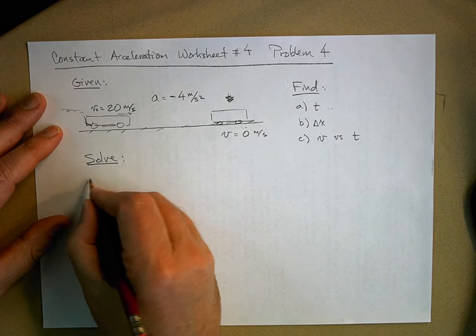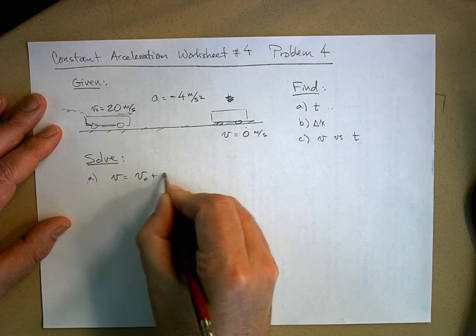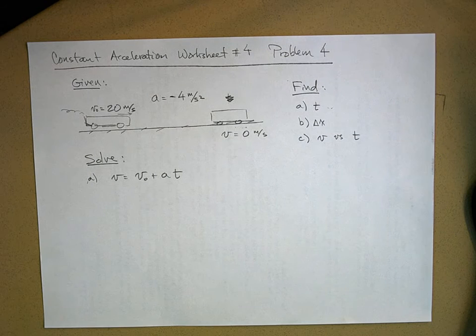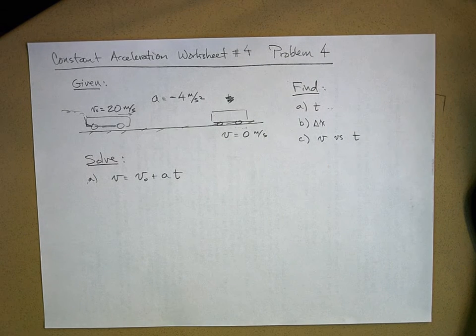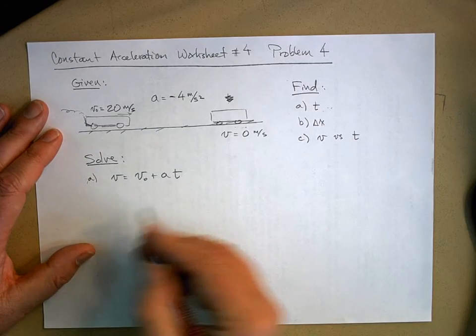Which one is that? It's the first one. So as you do these problems, keep that little equation list handy. Have those 4 kinematic equations right there, and you can figure out which one you should use to solve the problem.